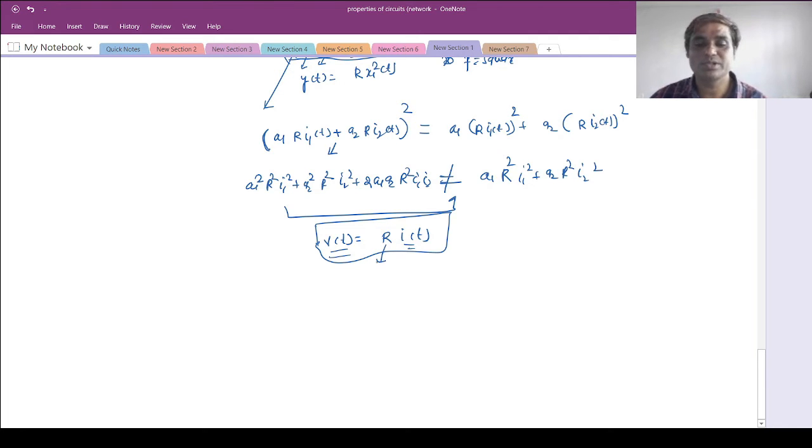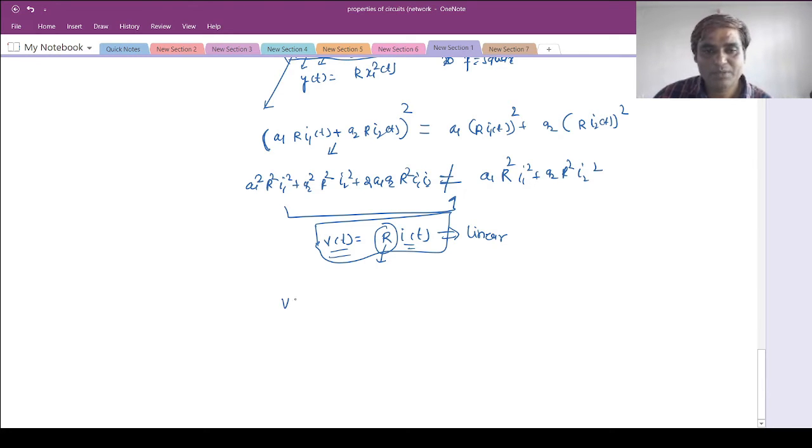Suppose R is a constant. How to check now? Suppose this is my input R i1 of t. What is the function? It is simply the linear relation with the slope R. So obviously this is my linear relationship.